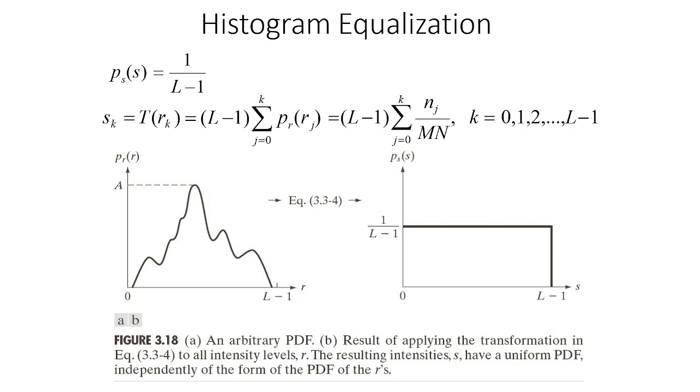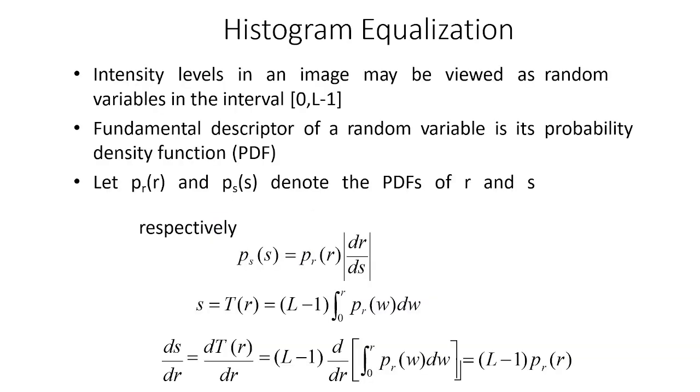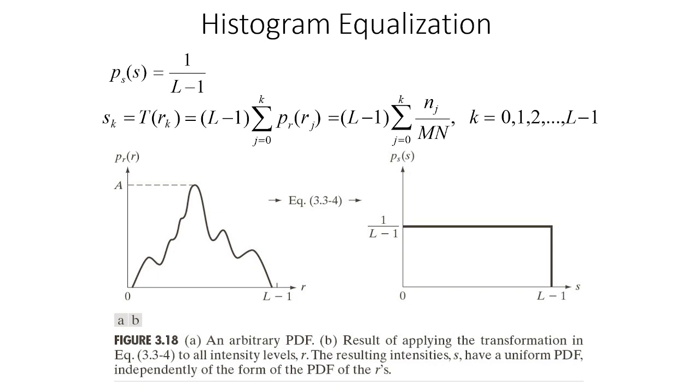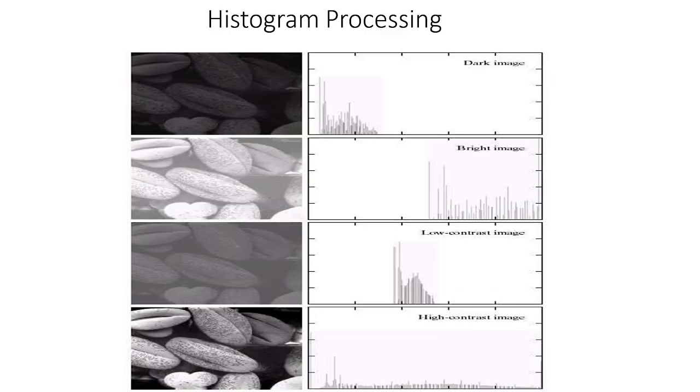So this is applying the transformation here. This is your arbitrary PDF in figure A, and figure B represents applying the transformation function with equation 3.3.4. By applying S equal to T of R equal to L-1 times the cumulative sum, we get a normalized equation like this.